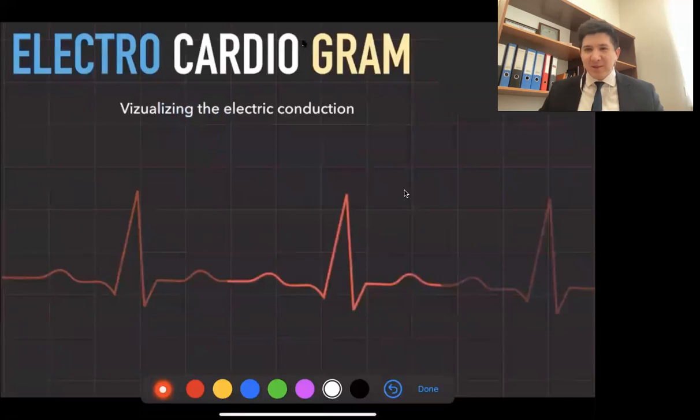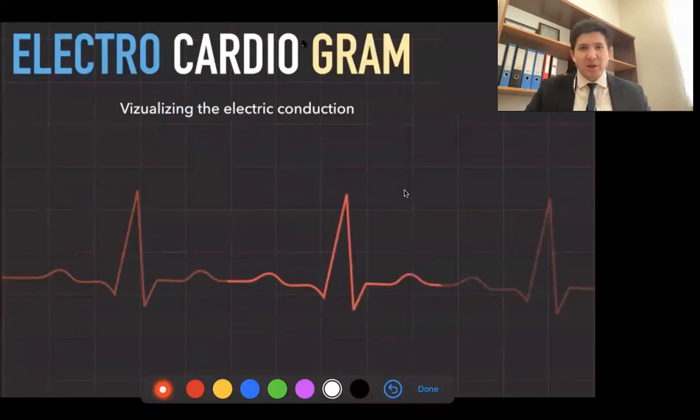You probably have seen this kind of graph before. Nowadays there are smart watches with which you can measure your ECG as well. But usually, if you go to the hospital, the ECG is taken by putting on leads. They put positive and negative electrodes on different parts.